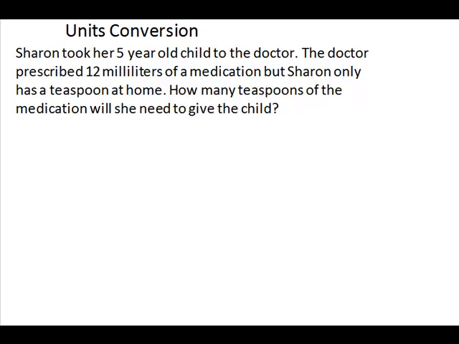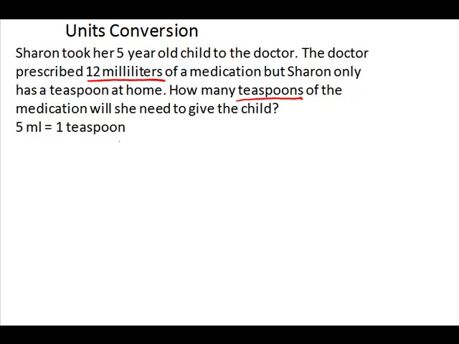So we would like to convert from milliliters, which was in the prescription, to teaspoons. So what we're going to need is the relationship between milliliters and teaspoons, and it is 5 milliliters is equal to 1 teaspoon.